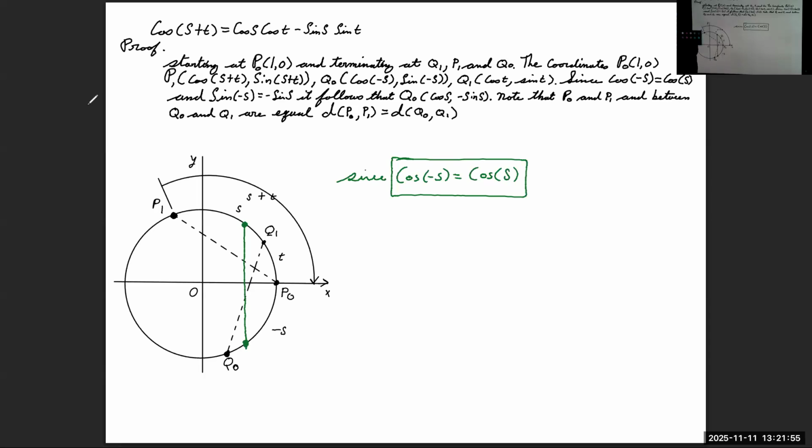The sine, as in sine function, the sine of negative s would be equivalent to minus sine s. And let's see if that's true. If I'm over here and I'm down here, they would be equivalent but opposite signs, plus or minus, right?